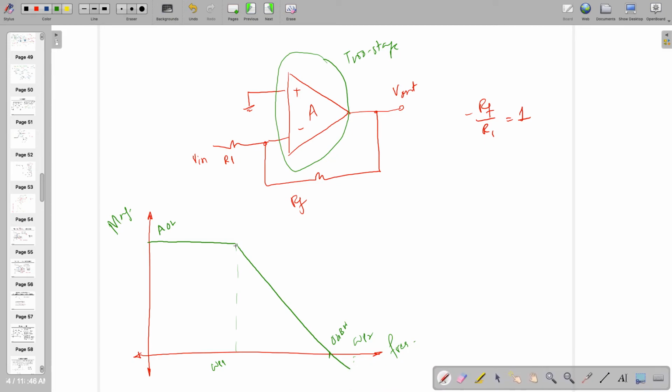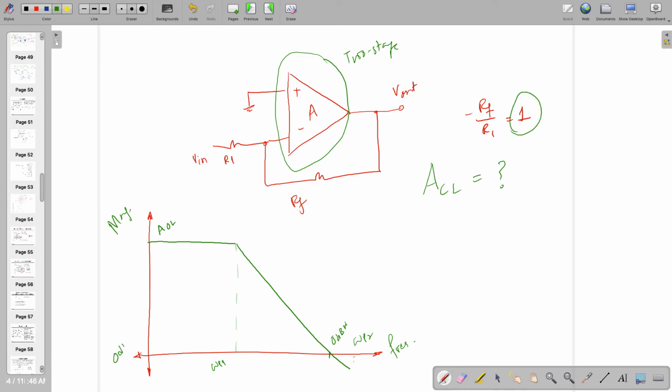So if we are doing this, how will the magnitude response look? Do you know the closed loop gain, by the way? It's minus Rf by R1, and that's 1.